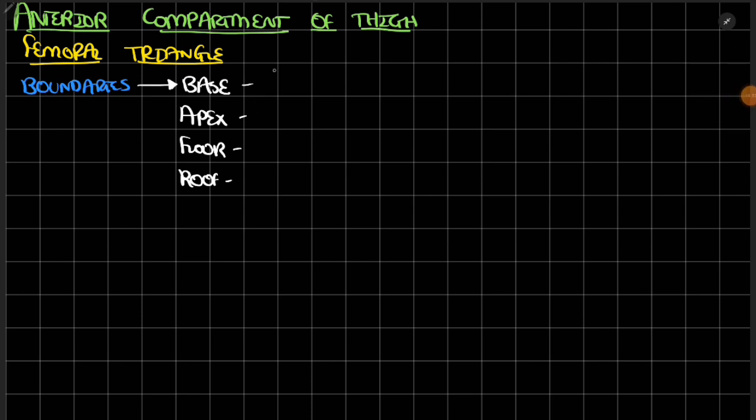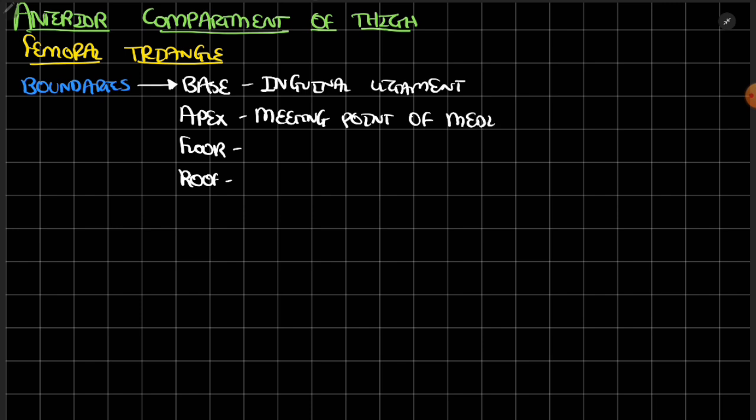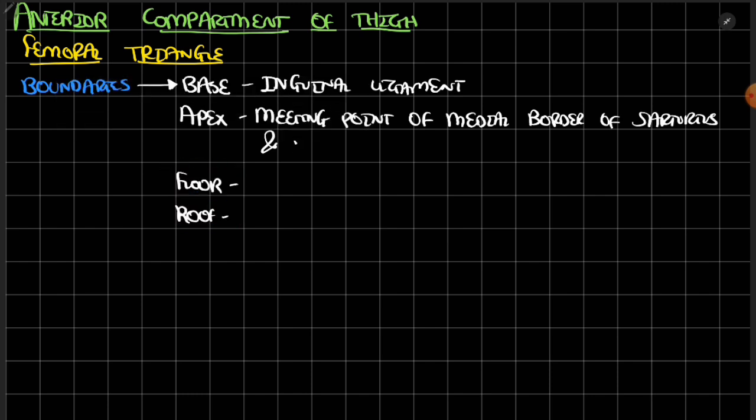The base consists of the inguinal ligament. The apex is the meeting point of the medial border of sartorius and the medial border of adductor longus.